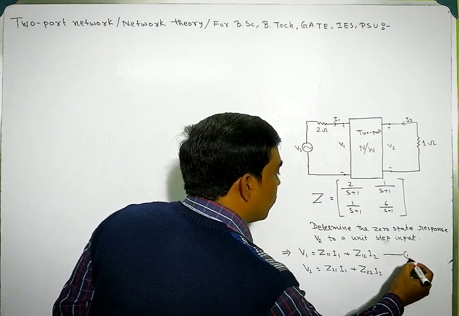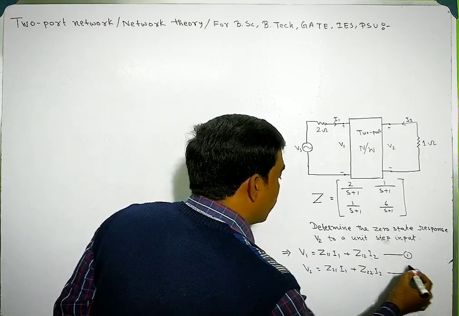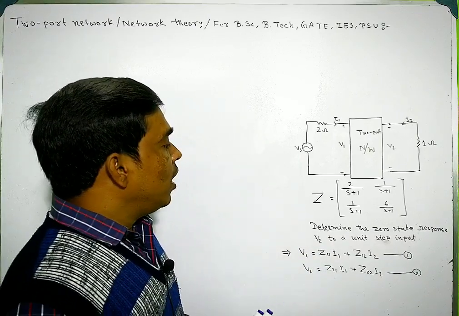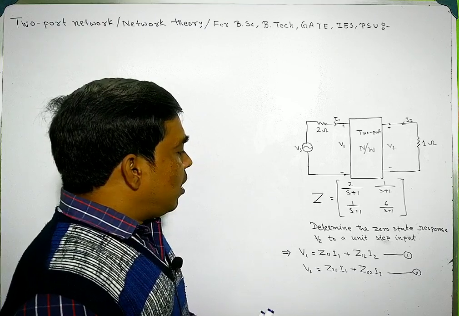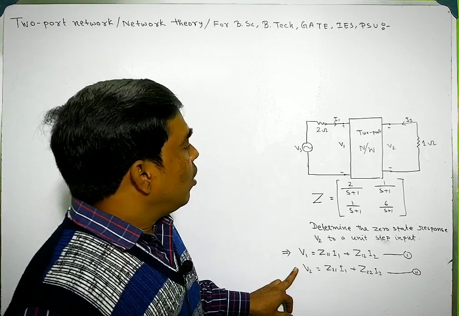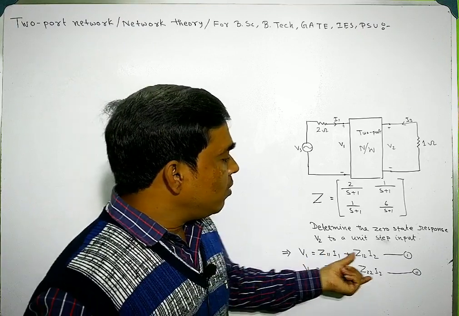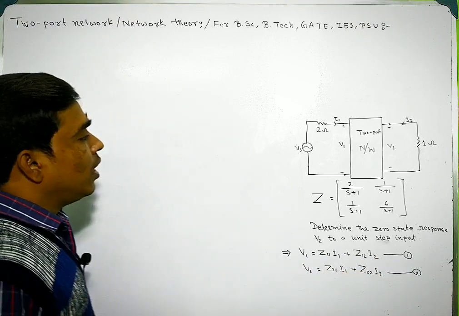This is equation number 1 and this is equation number 2. So using the Z parameters, I write the voltages V1 and V2 in these equations.